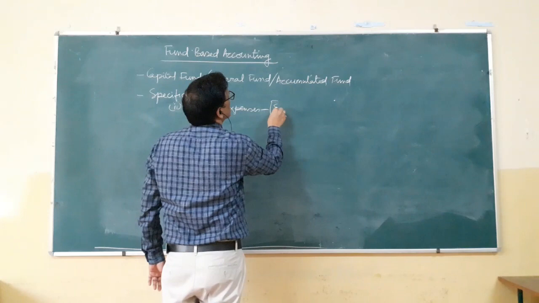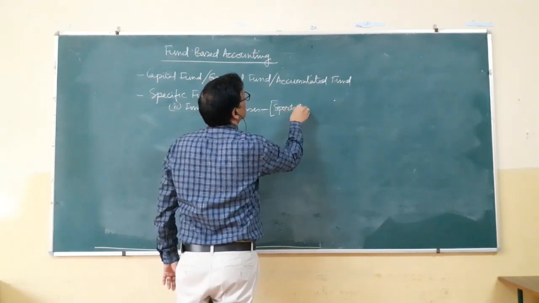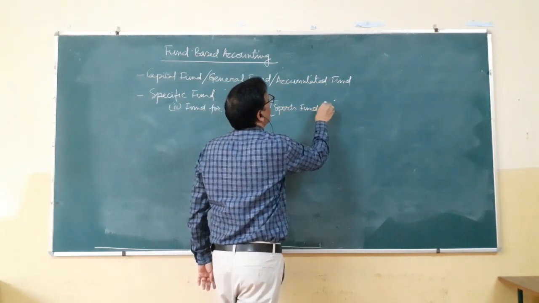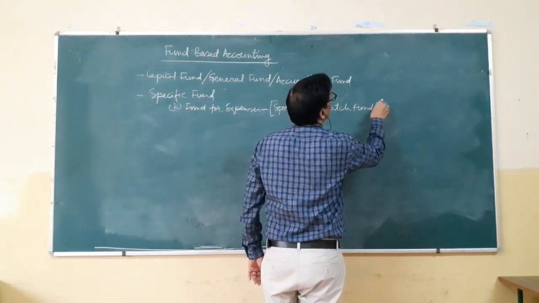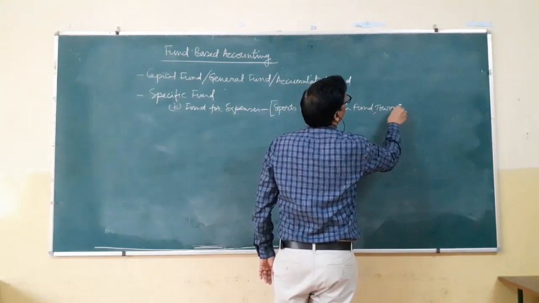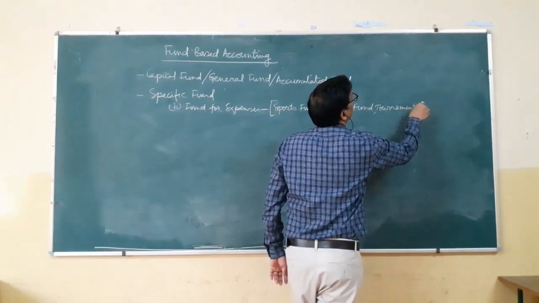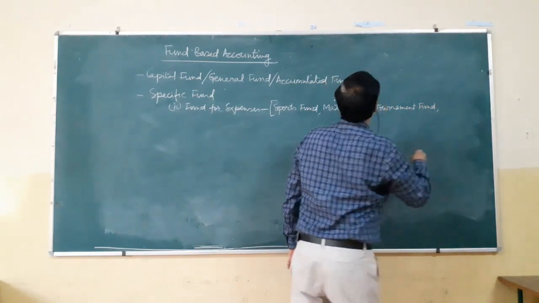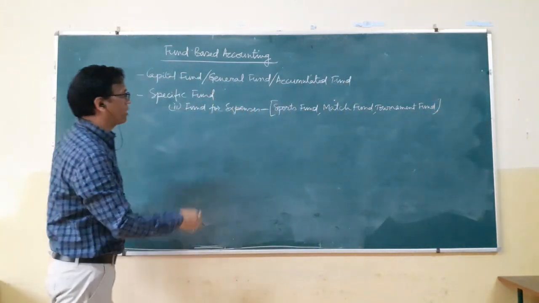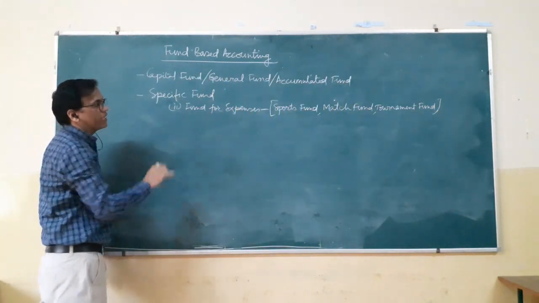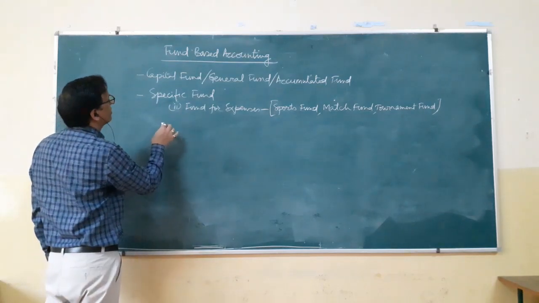Expenses funds like sports fund, match fund, tournament fund, etc. Then environment fund, prize fund, etc. These funds are created. Now how to show that?